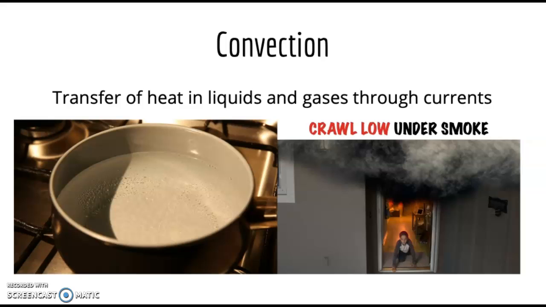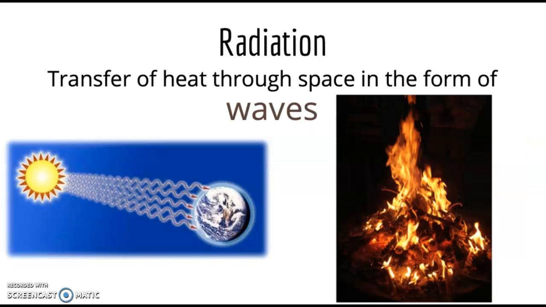Convection is through currents. Think of it like smoke in your house, right? The hot air rises. That's convection. The cool air falls. So through convection, if you remember when you watched the pot of boiling water, you could kind of see the bubbles going up and then some of the other water coming down once the bubbles popped. That would be convection.